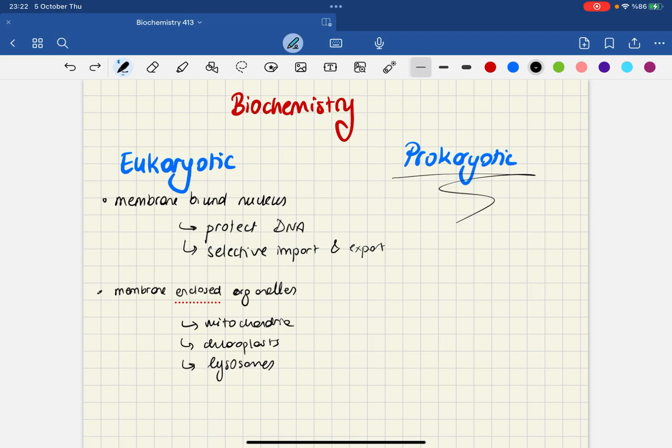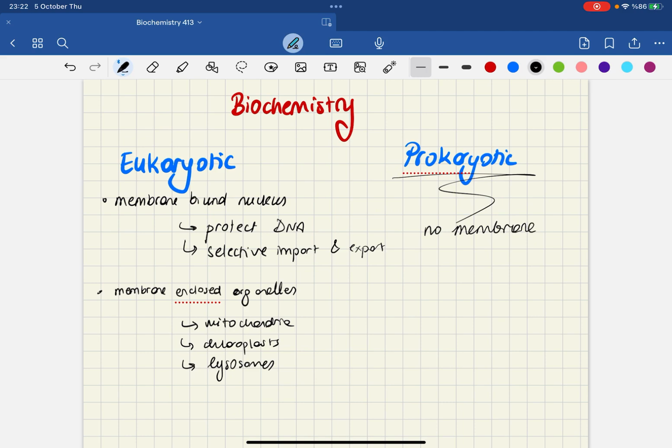The difference is that the nucleic acid, the genetic material, is not enclosed by any membrane, nor is any organelle enclosed by any membrane. No membrane, let me write.